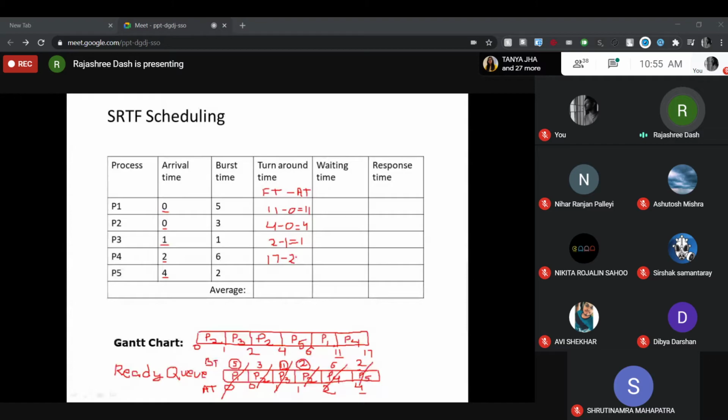For P5, 6 minus 4, that is 2. So what is the average? 6.6.